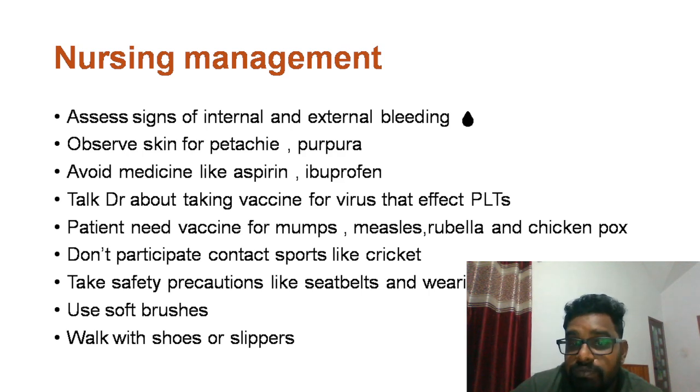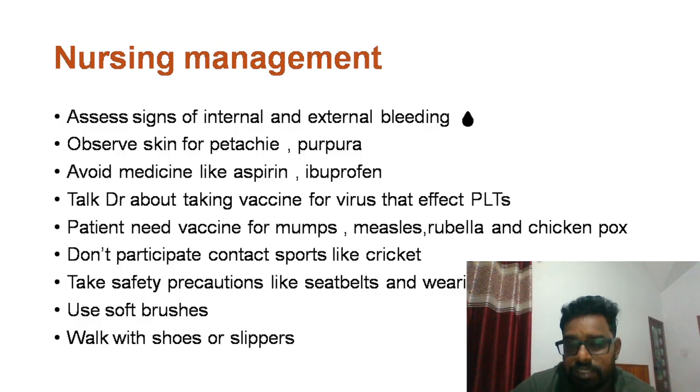The patient needs vaccines for mumps, measles, rubella, and chickenpox. Do not participate in contact sports like cricket; there is a chance of bleeding. Take safety precautions like wearing seat belts and using soft brushes, in the case of thrombocytopenic patients.